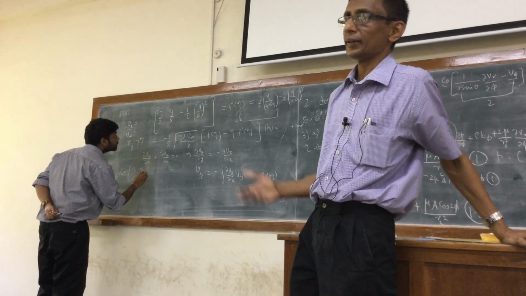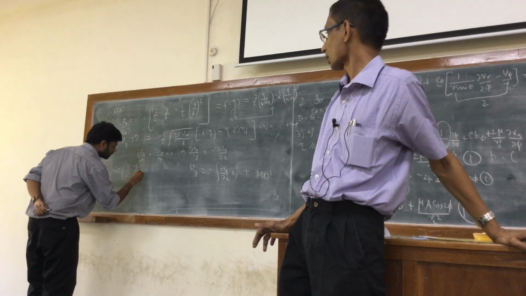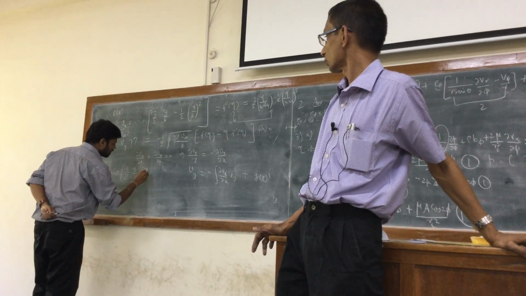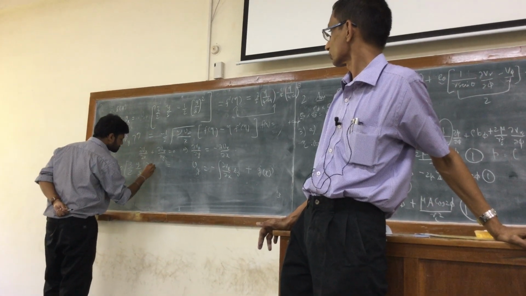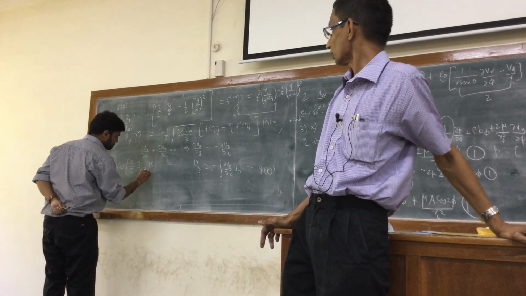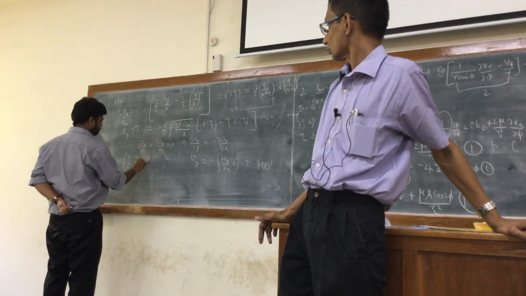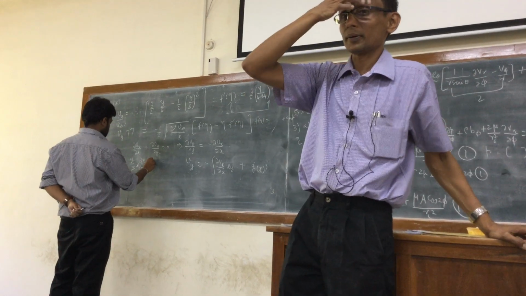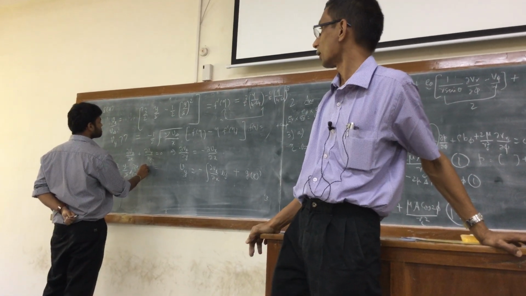But you can write the answer also in terms of d delta by dx and leave it like that. What is d by dx of 1 over delta?